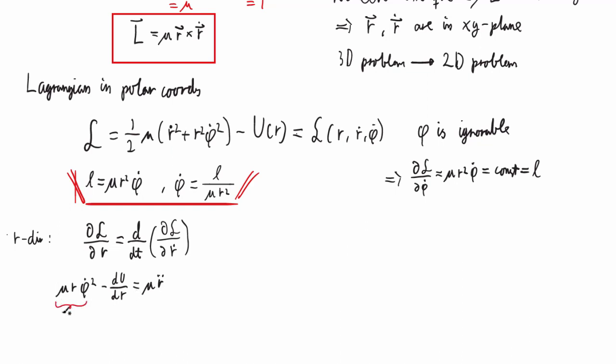We'll see later that this actually is what we call the centrifugal force. Now, you are probably told in intro mechanics that there is no such thing as a centrifugal force. There's only the centripetal force. That is true. This is not a true force.